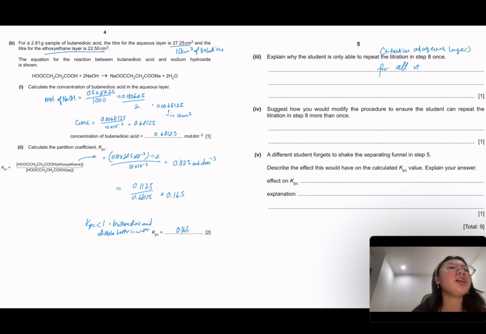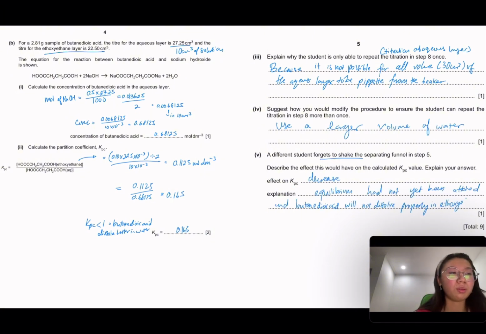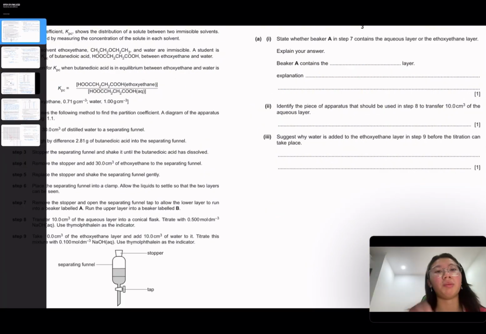Alright, state why the student is only able to repeat step 8 of the titration once. So let's go back to step 8. For step 8, you're transferring 10 centimeter cubes of your aqueous layer. Why can you only transfer it once?